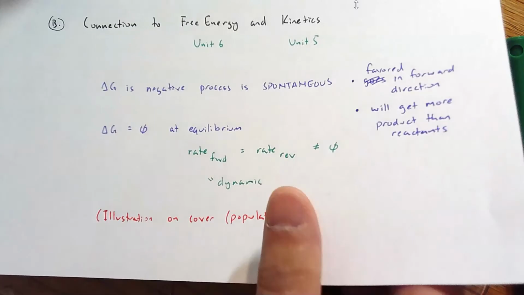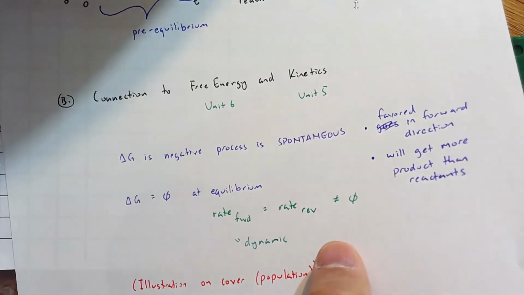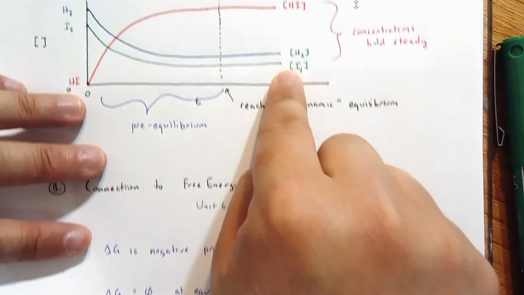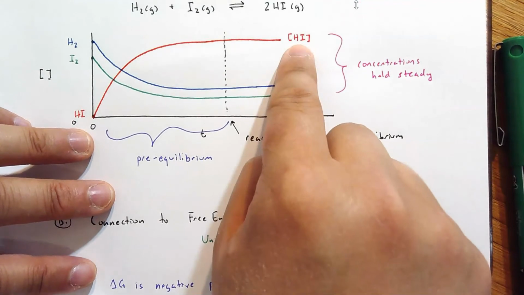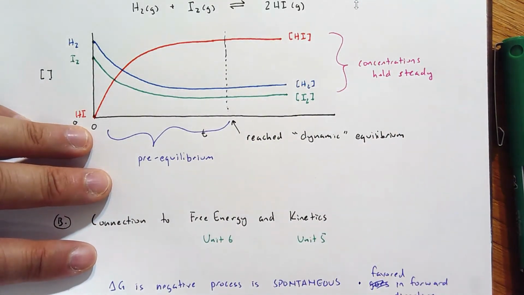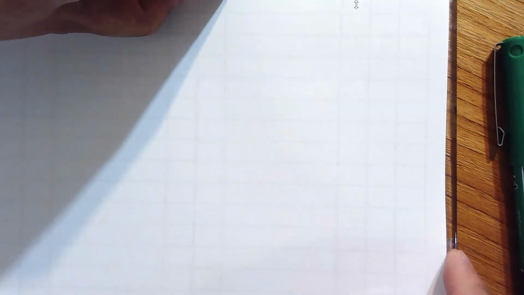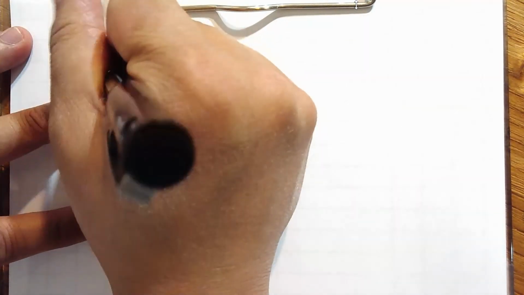The last thing is I just want to briefly talk about this idea that a reaction can still have reactants present and products and establish equilibrium. That's in contrast to what I call a reaction going to completion. So the last topic in this video will be completion versus equilibrium.